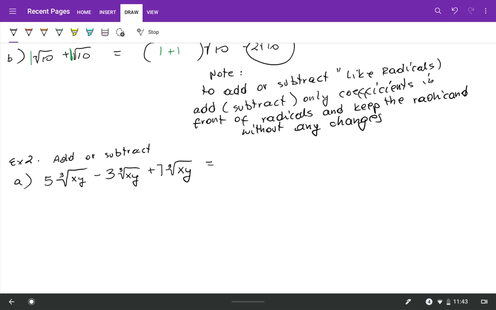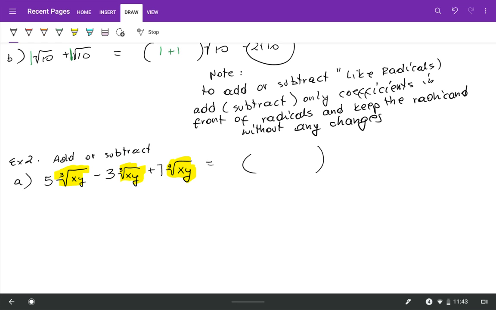To be able to add or subtract them, I need to check if I have like radicals, which I do, because all of them have index 3 and the same radicand, which is xy. So we definitely can add or subtract them using the distribution property.